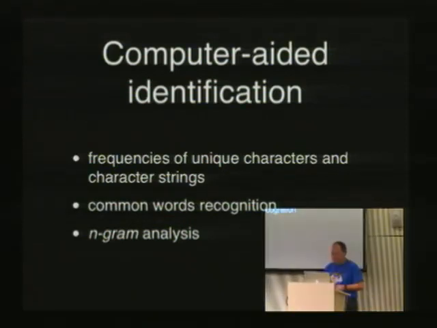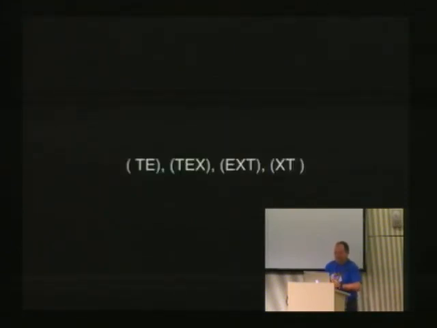So let's say our text is "text". In n-gram analysis, this is transformed into such sequences. So this is a blank sign, T, E. Then you have "tex", and then "ext" and "xt" and the blank sign.